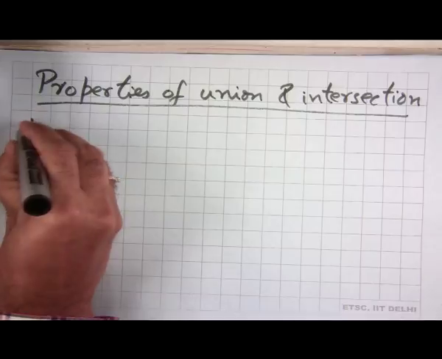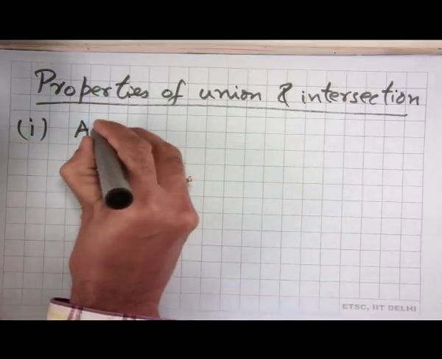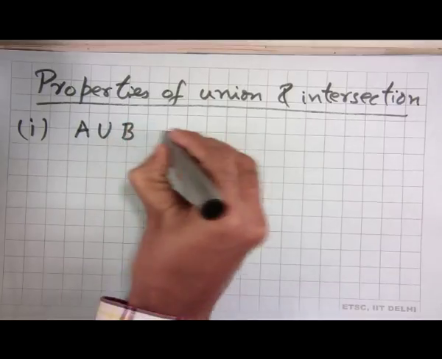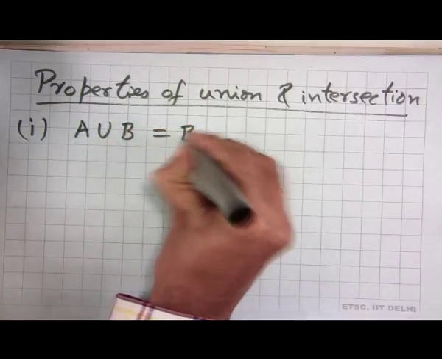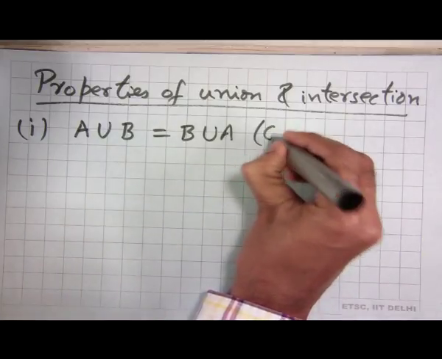First one: if I have two sets, then A union B is the same as B union A. This is called the commutative law.